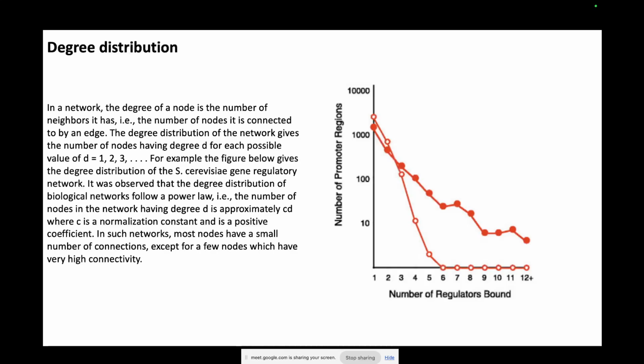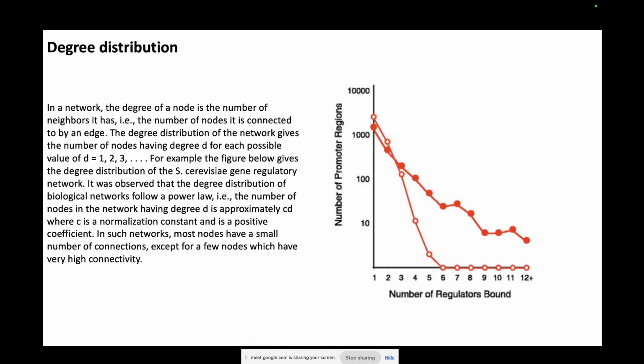So basically in real life networks, the number of nodes having lower degrees is at a much higher level, and the number of nodes having much higher degree is at a very low level. It can be very intuitive if you think about it.